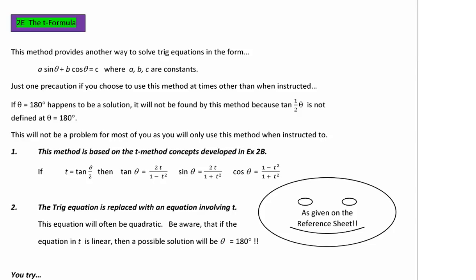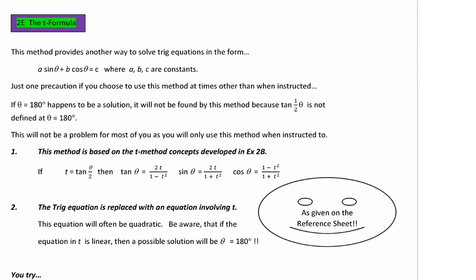This video is just a continuation of the methods for solving trig equations from exercise 2E, in that now we're going to look at the second method, which is called the t formula. So we looked at the concept of introducing t as a parameter, and this method for solving trig equations is based on that concept.